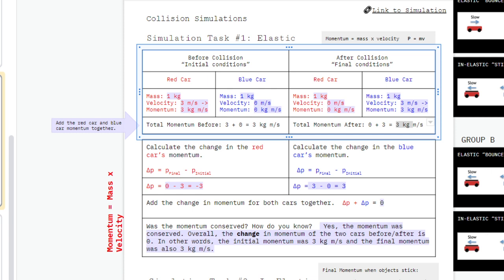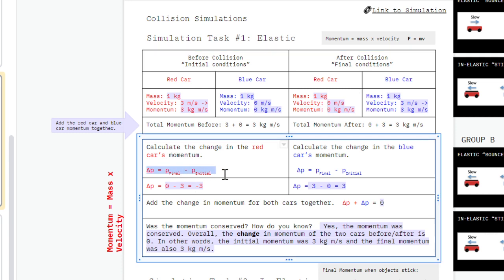So the overall change in the red car's momentum, well, it started off at 3 kilogram meters per second, and then it resulted in 0 kilogram meters per second. Calculating the change in momentum is just going to be 0 minus 3, or final momentum minus initial momentum, which gives us an overall change in momentum of negative 3 kilogram meters per second.